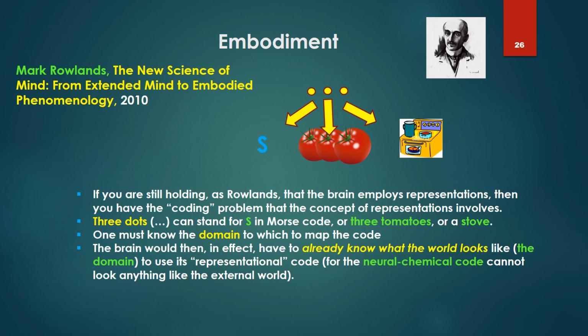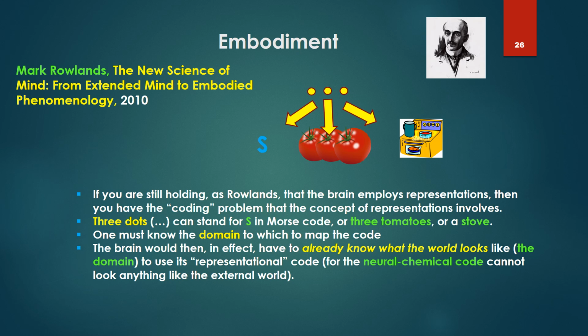Is it to letters? Is it to vegetables? Is it to kitchen equipment? To what? But the brain, to use a code, in effect would have to already know what the world looks like. That is, it has to know the domain to use its representational code, for the neurochemical code cannot look anything like the external world.